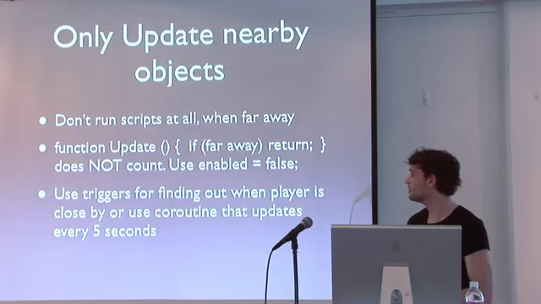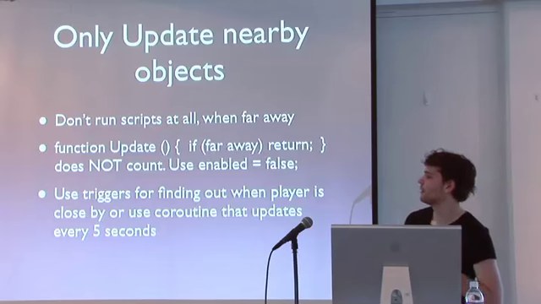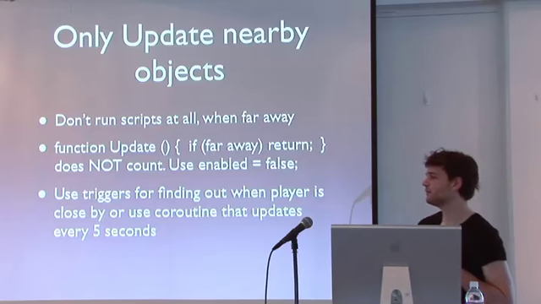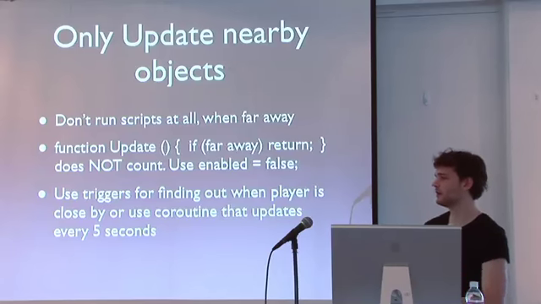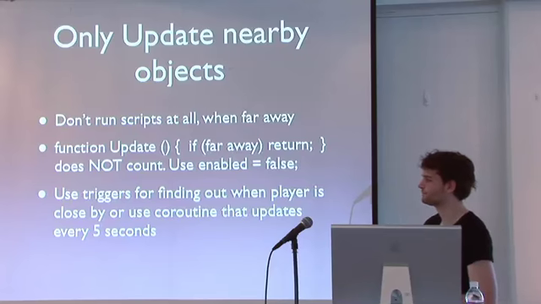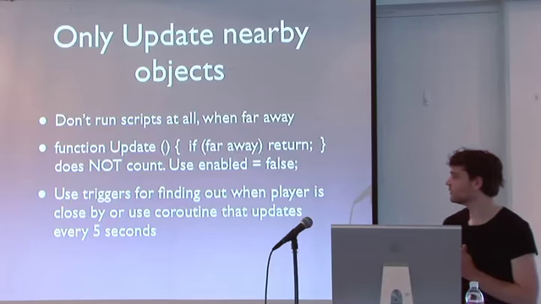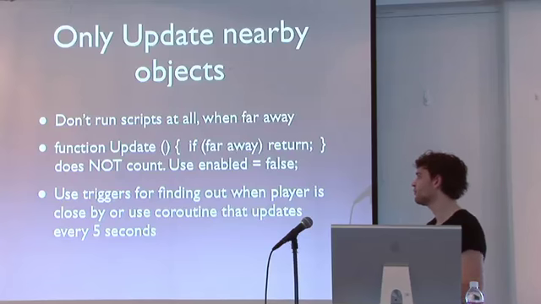The other way to do it is to use triggers. So basically you have an on-trigger enter and an on-trigger exit. And you just check if the player is in the trigger zone. If he is, you enable it. If he goes out, you disable it. And you can just do that for a lot of different things. Like, for example, pickups, rotating pickups.